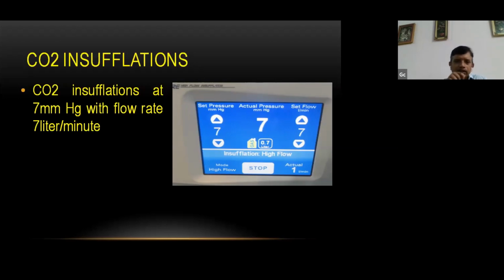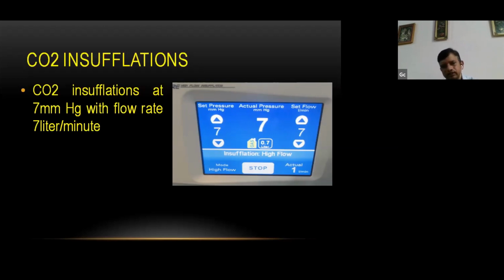But if you are increasing the pressure, keep in mind, don't keep it for a longer time. Suppose you are dissecting the upper pole and the flap is not adequately raised and it is hindering the vision. At that time you can raise the pressure a little bit, handle the upper pole, cut it, and then reduce the pressure.